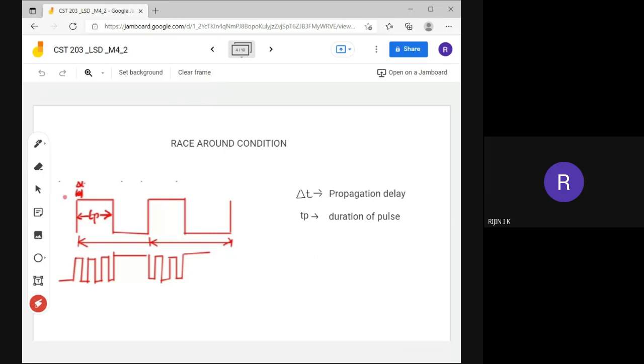Then after a delta t, it again goes down. Then after a delta t, it again goes up, and after a delta t, it again goes down. Like that, it toggles while the clock logic is 1.